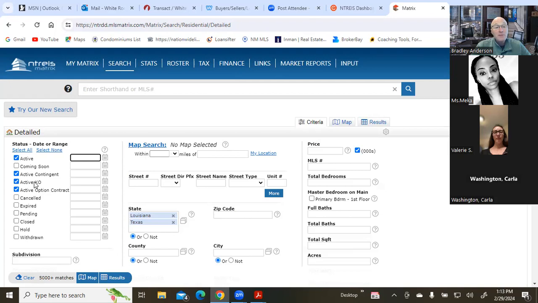So an active option kickout is going to be all those listings that have that clause. And the sellers are very open to taking a stronger offer if it means that their current buyer doesn't have to sell another home.